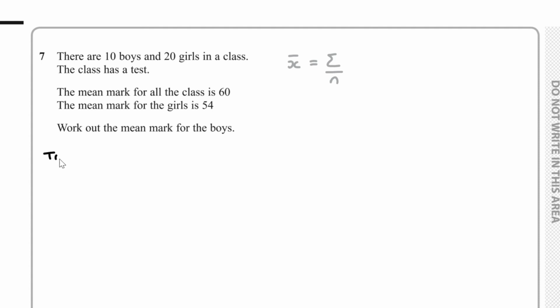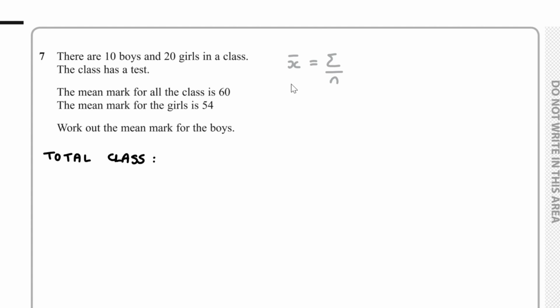So for the total class, we can find out what the sum of their marks is. And the reason I want to do that is because that will allow me to find out the total for the boys and then find out the mean mark for the boys.